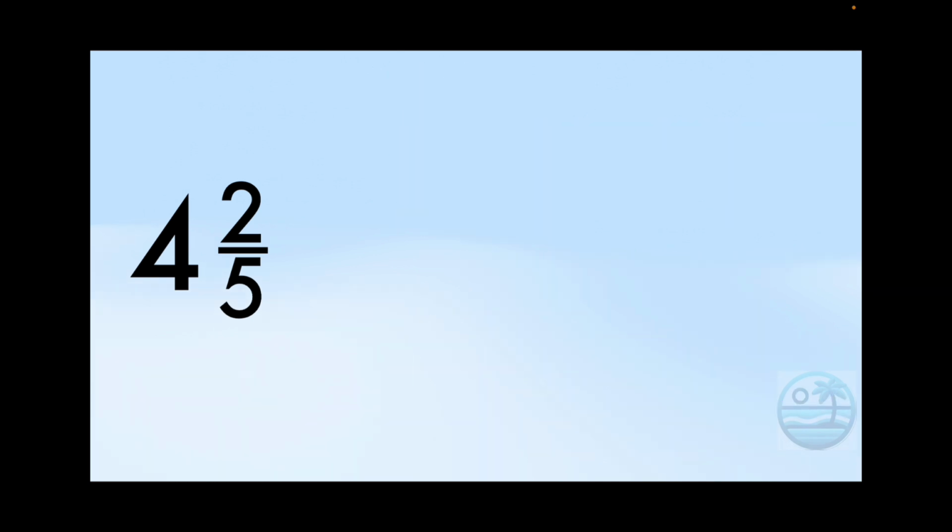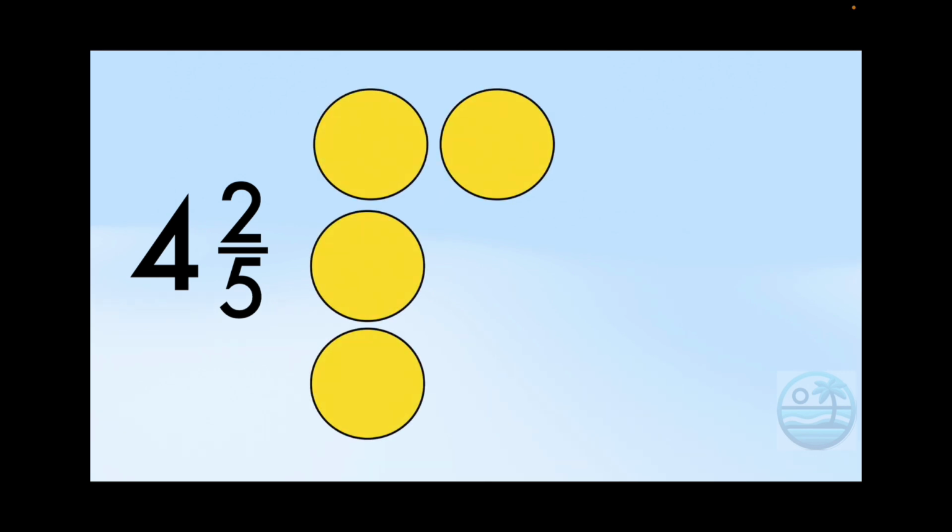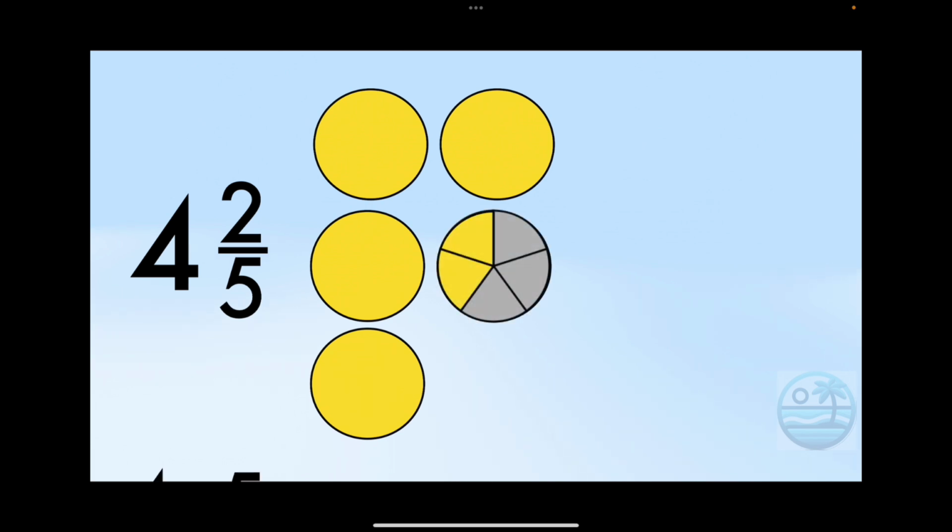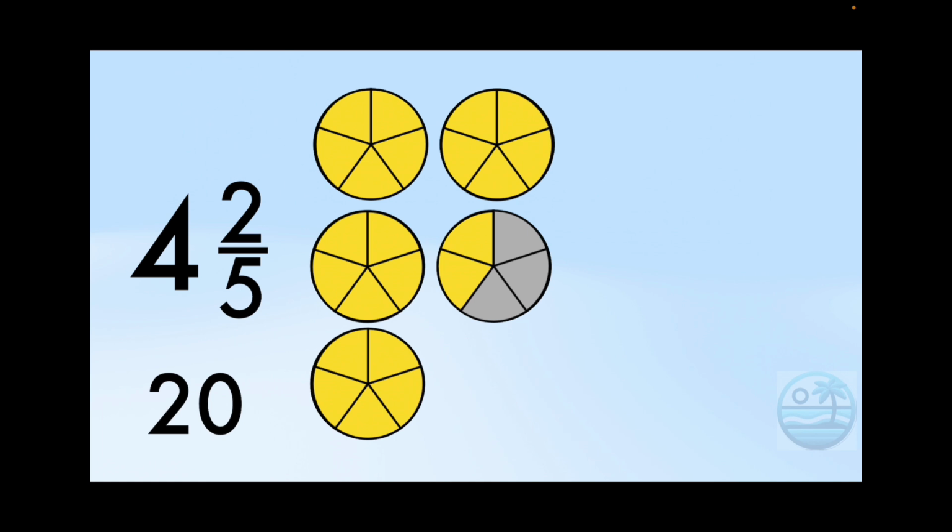Let's take 4 and 2/5 and convert it into an improper fraction. We'll start visually by looking at the 4 wholes and the 2/5. We'll multiply our 4 wholes times our 5 in our denominator to get 20 individual pieces.